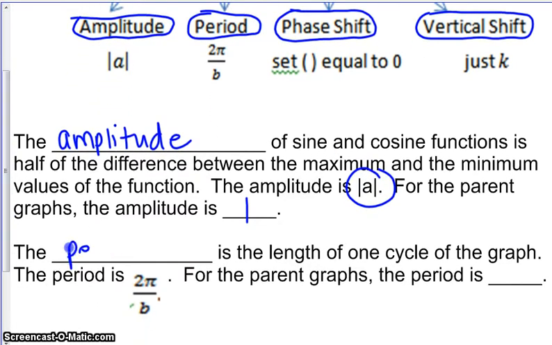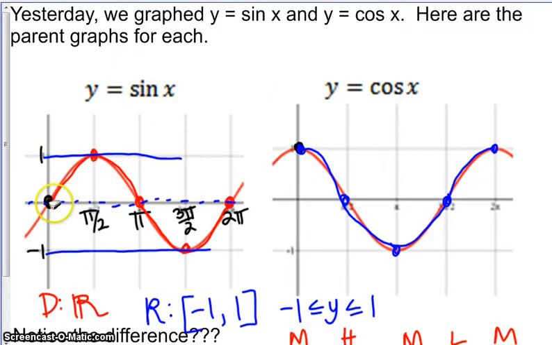The period is found by doing the length of one cycle of the graph. Our period of the parent graphs is from the beginning to the end of a complete cycle. So from beginning 0 to the end 2 pi, our length would be 2 pi.